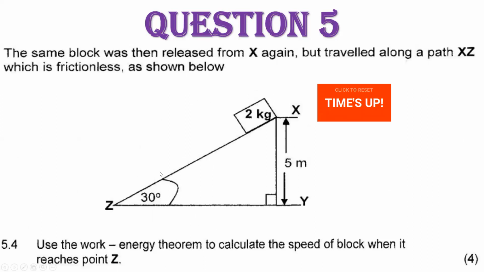Now they're asking you another question. Use the work energy theorem to calculate the speed of the block when it reaches point Z. So you have an object with a different motion. The other one was from point X to Y, straight dropping. But now an inclined system is used, so from X to Z it is moving. We are looking for the velocity at point Z. Let's start.